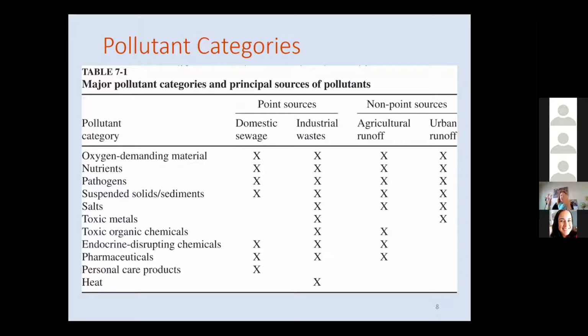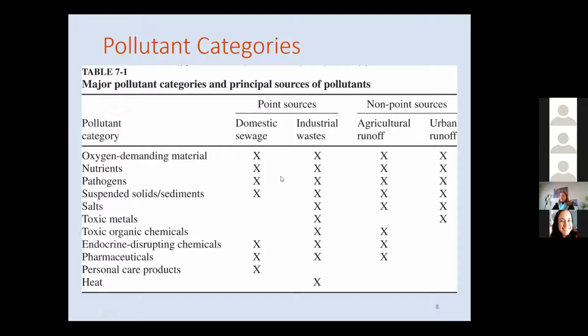As you see those several different pollutant categories, this table also summarizes really well if they come from a point source or if they come from a non-point source, or it could be coming from either of those, and further categorizes if those pollutants are found in domestic wastewater or industrial wastewater, and if it's coming from a non-point source, is it coming from an agricultural runoff or an urban runoff?